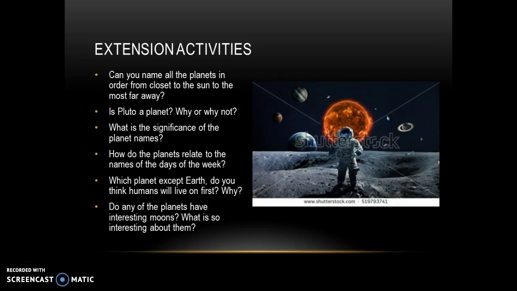So Monday, Tuesday, Wednesday, Thursday, etc. Which planet except Earth do you think humans will live on first, and why? And do any of the planets have interesting moons? What's interesting about them? And you can do any or all of those extension activities, if you find this interesting.